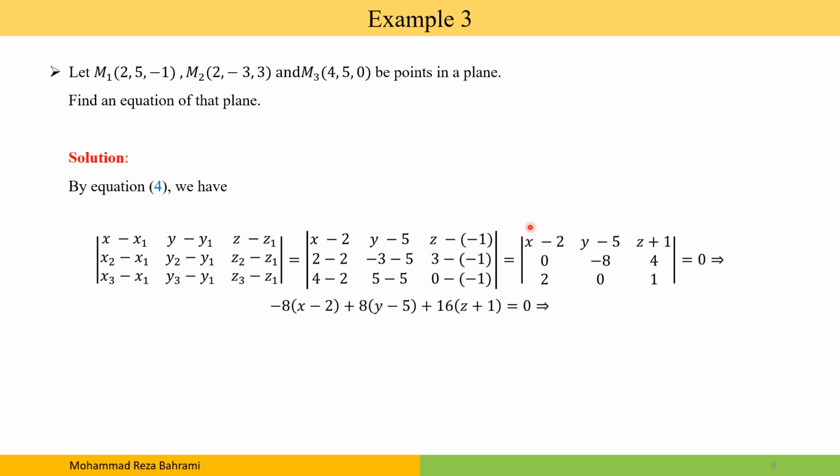For example, this one times minus 8, we have it here, and y minus 5 times 8, and z plus 1 times minus 8 times 2, which is plus 16. From here we can expand it, and we reach the equation of the plane which passes through these 3 points.